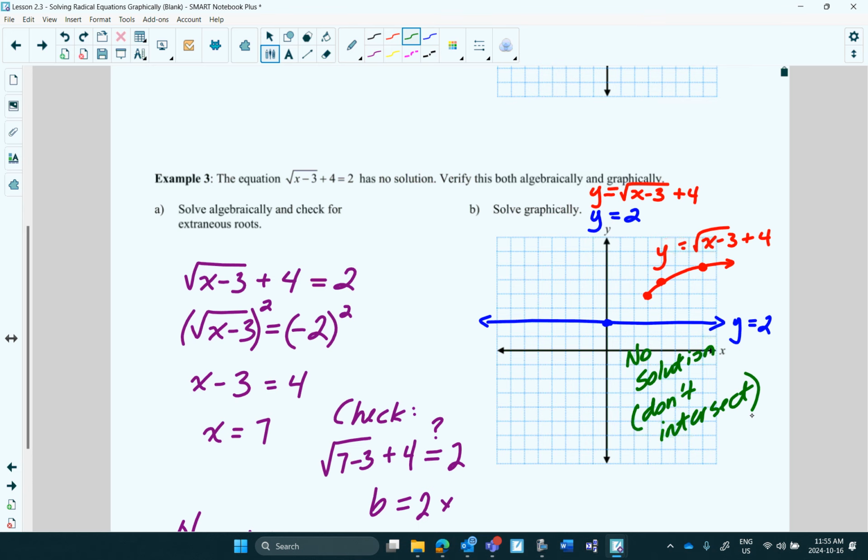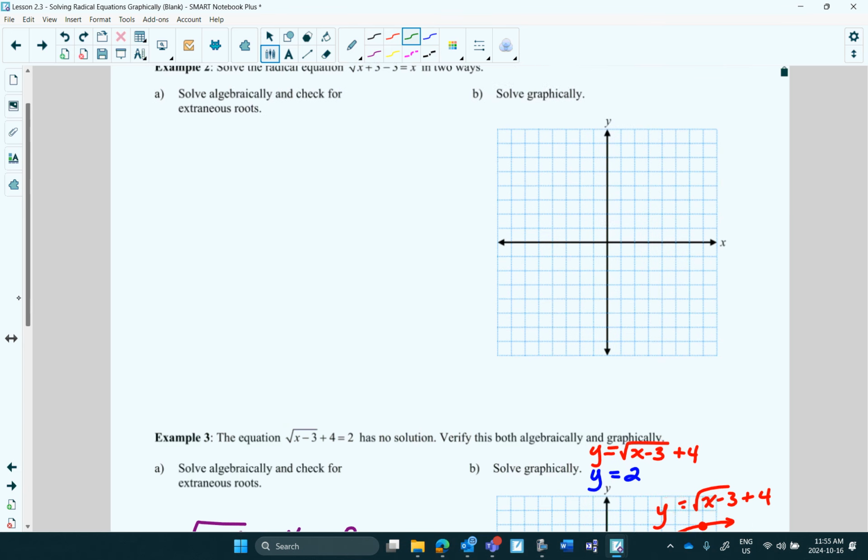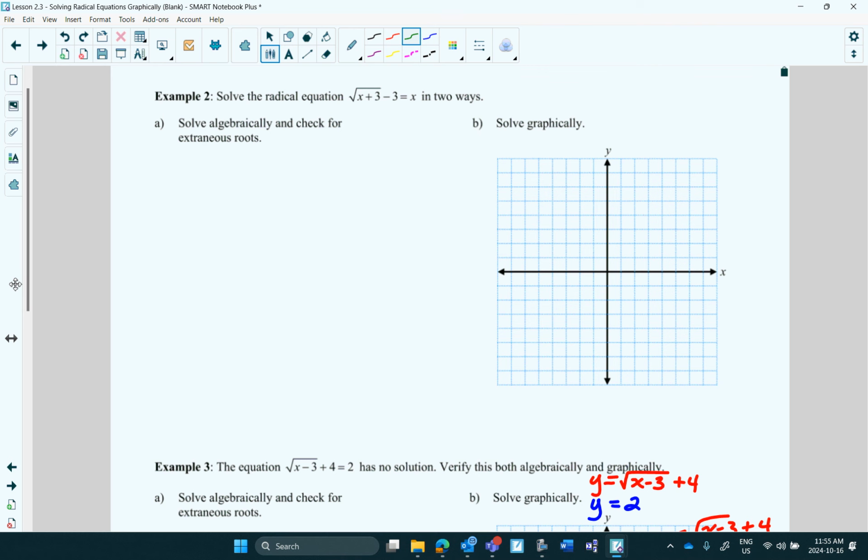Okay, the last one, which is actually the second example. So let's do it algebraically. What's the first thing we're going to do? Move the minus 3 over to this side. Get the square root by itself before you square.